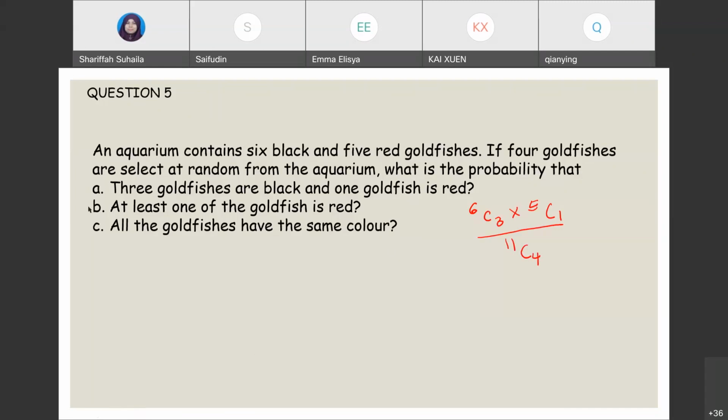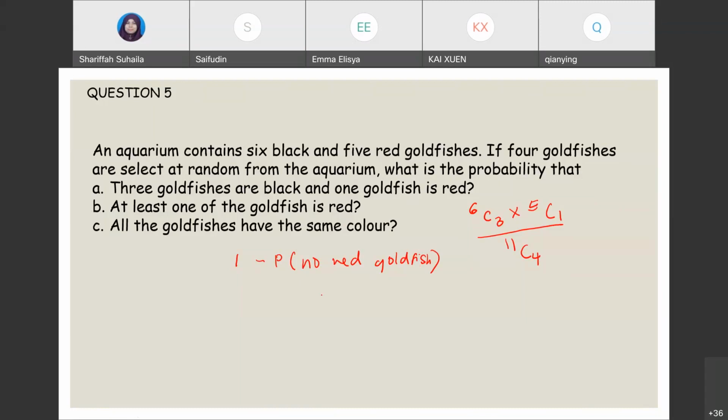Okay, that one. So this one, at least one of the goldfish is red. So the easiest way to do this one is just 1 minus the probability there is no red goldfish. Paling mudah lah kita buat macam tu.